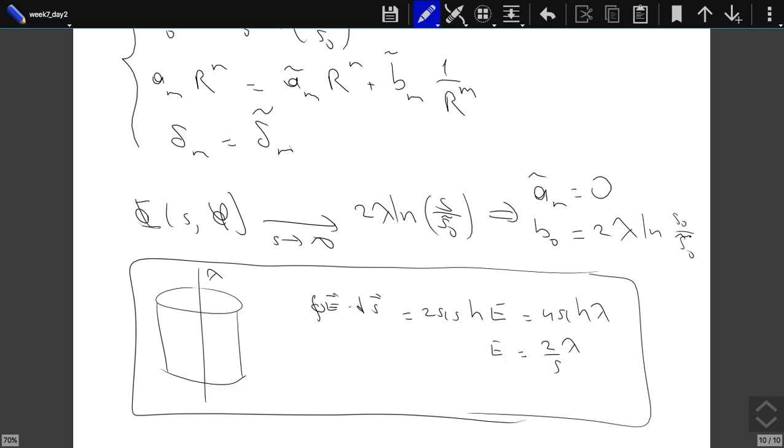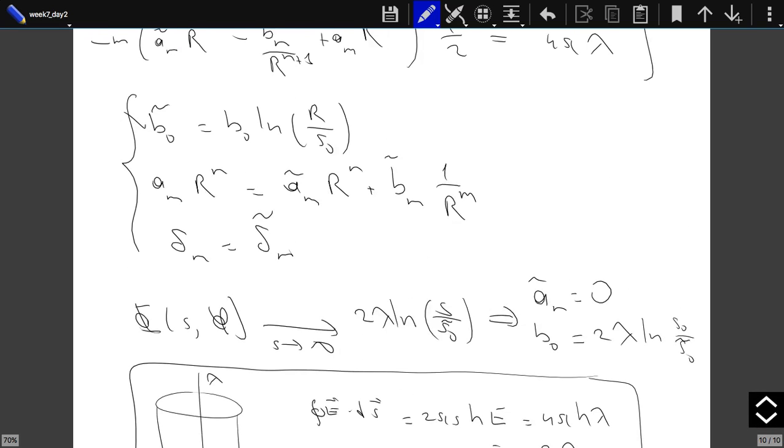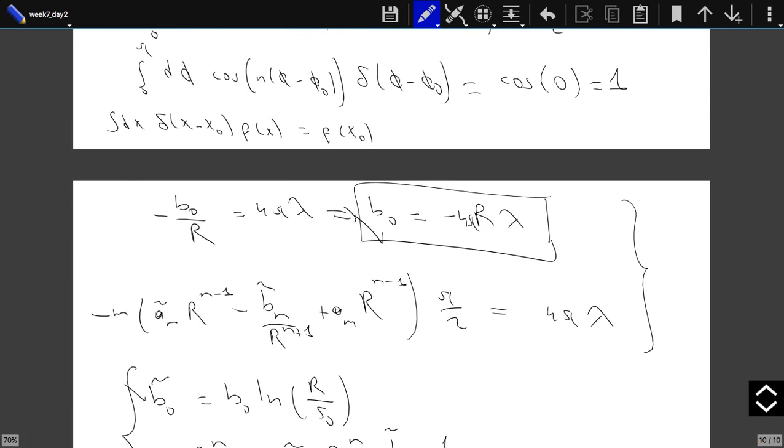Then, of course, we still need to determine that s0. That will fix the ambiguity, probably. So now the a m tildes are 0, b m tilde and a m are related by this relation. This is one of the relations. And they are also related by this second relation. And you can solve for both of them.